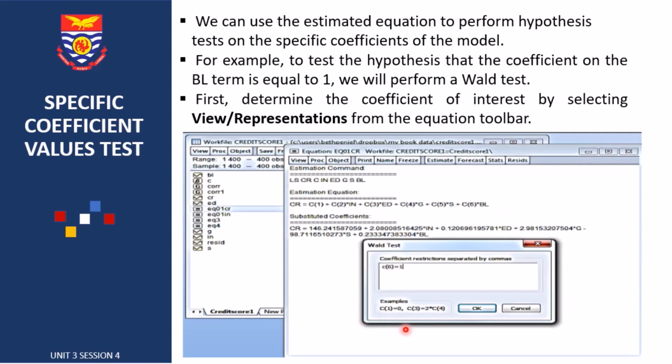After that, C6 will appear in this additional box, where we are simply saying that the BL term is equal to 1. We are simply testing whether it is true or not. So we click OK after this.